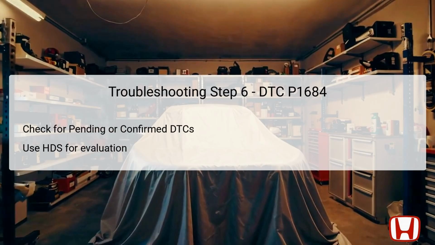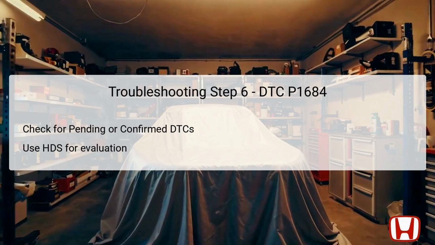Upon turning the ignition back to on, second, the technician should check for any pending or confirmed DTCs utilizing the Honda Diagnostic System, HDS. A pending DTC indicates that while the issue may not be severe enough to illuminate the check engine light, it nonetheless requires attention. In contrast, a confirmed DTC indicates that the problem has been recognized as existing and needs immediate action.